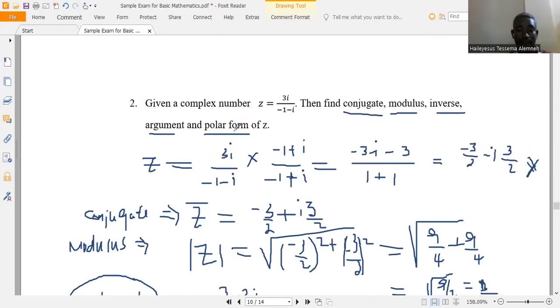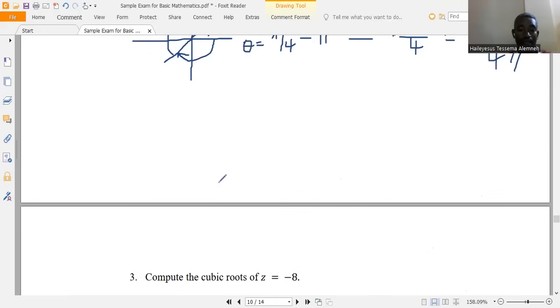If we can find the argument of z, then any complex number z equal to x plus iy can be written in polar form as r, the modulus of z, times cos theta plus i sin theta.